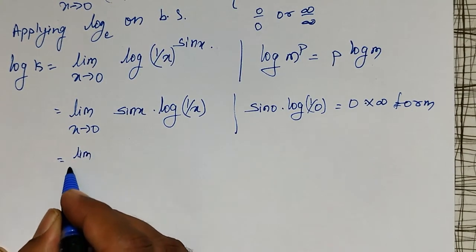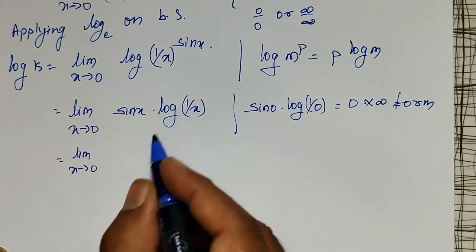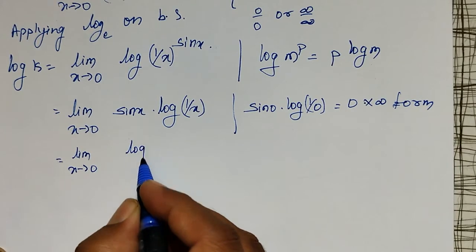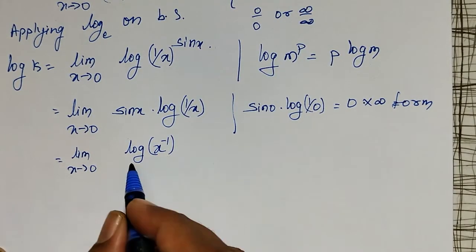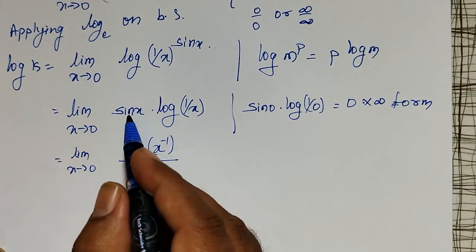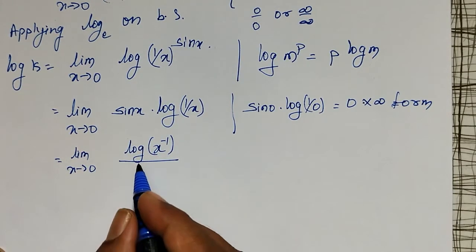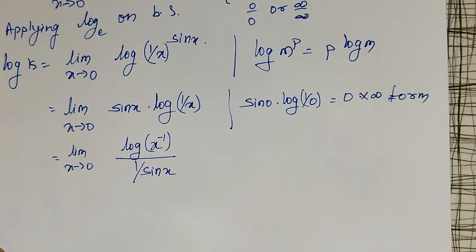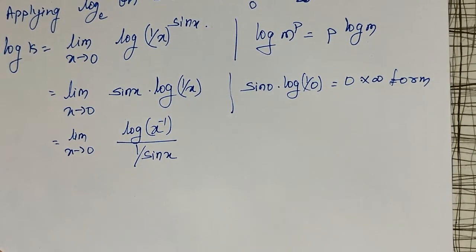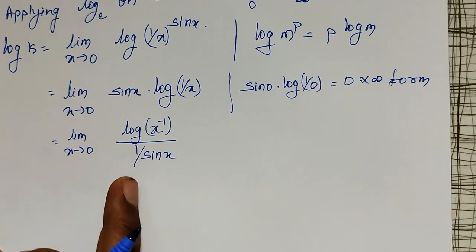I will readjust the terms. I can write log of 1 by x as log of x to the power minus 1, and sin x I will write as 1 divided by sin x. The function will remain the same, only it is rearranged like this.